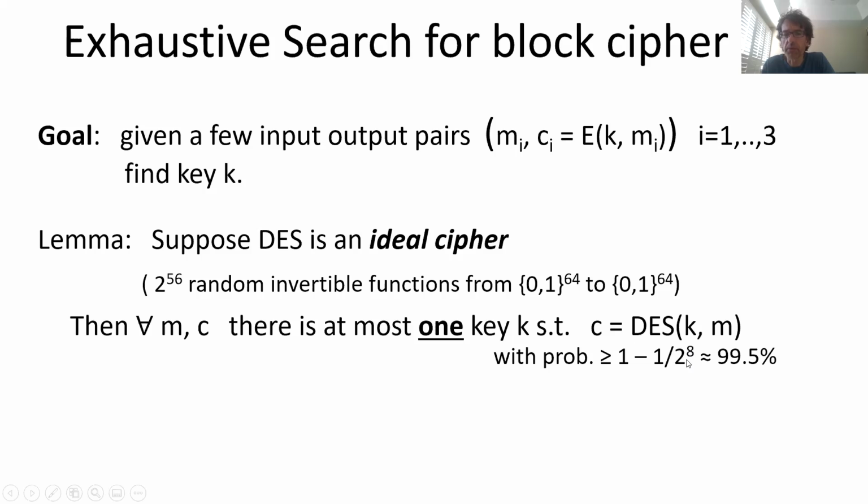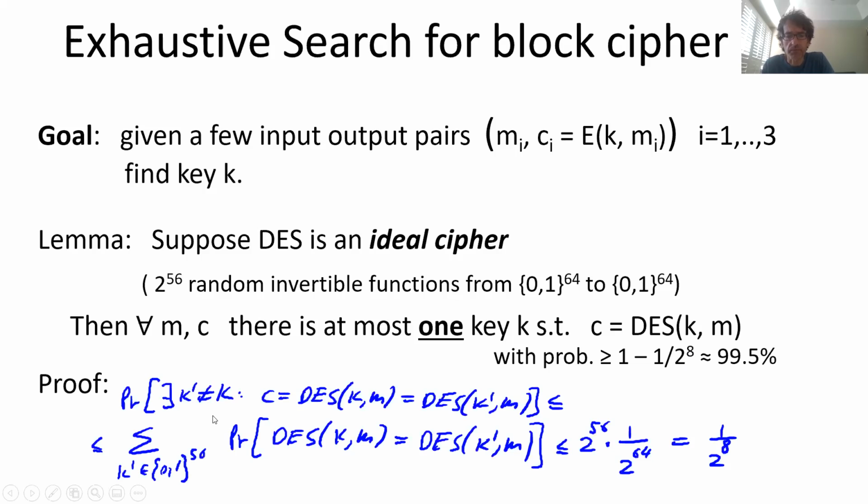Where did this come from? It's a simple counting argument. You take all functions from 64 bits to 64 bits, permutations, and you look at how many keys there are.